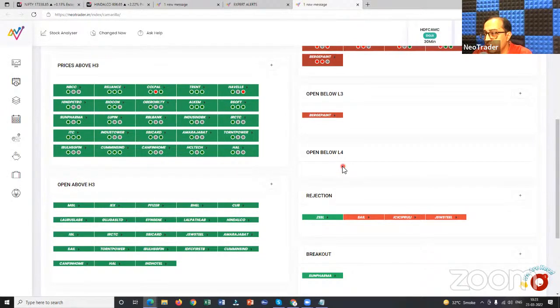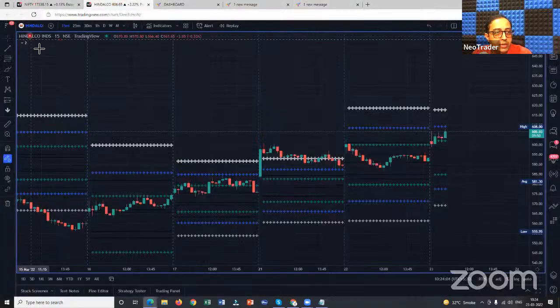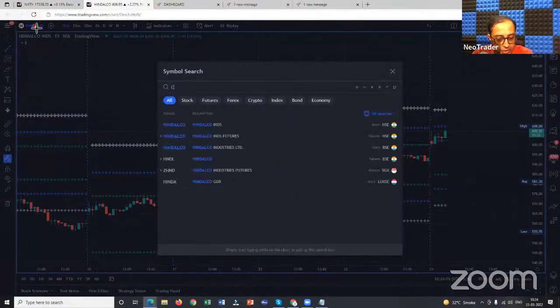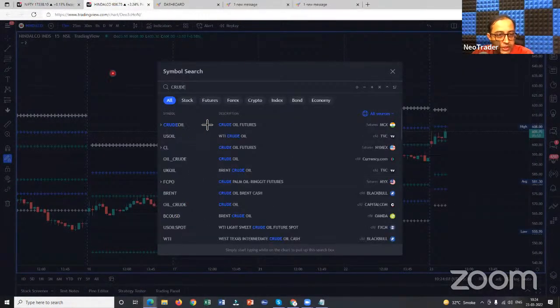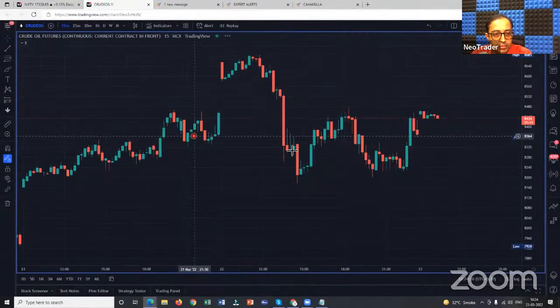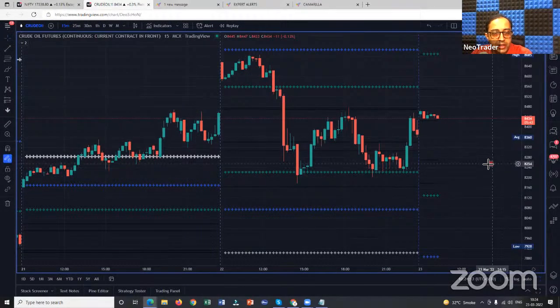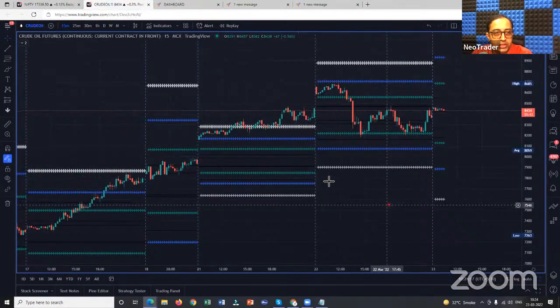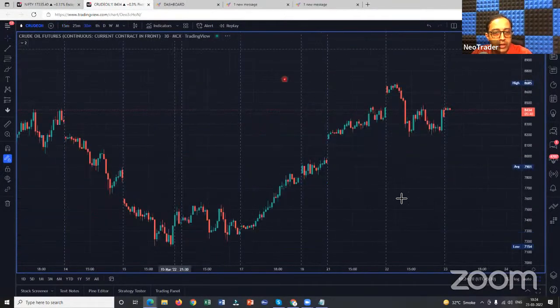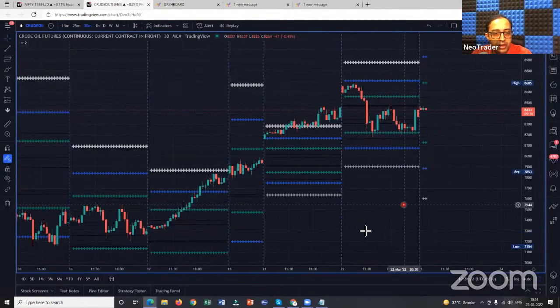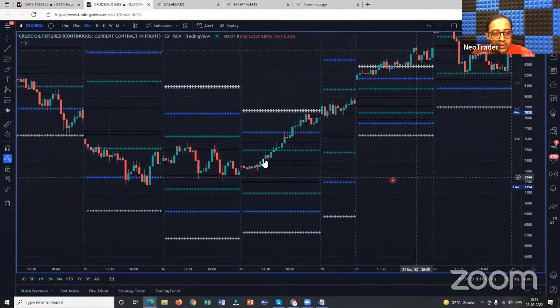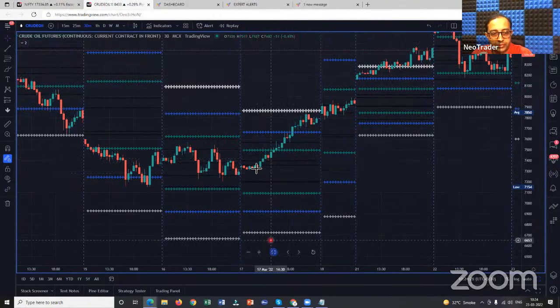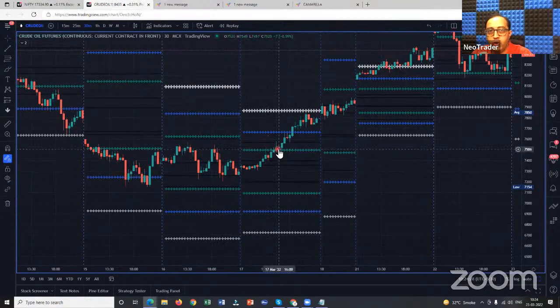Yes, of course, you can use Camarilla in commodities as well. All right. So there are some friends who want to know about commodities. So let me just put on crude oil, which is in extreme demand right now because of the news flow. You can see here that when you put on the charts of crude oil, you've got to shift to a higher time frame, and you can see here that on 17th, a move above H4.